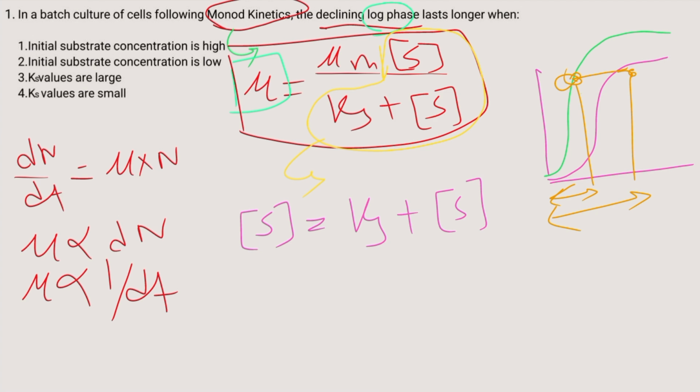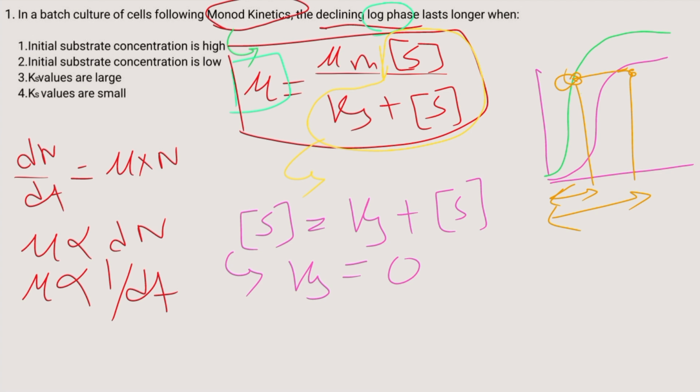That is the peak. In that case, the substrate concentration should be equal to the substrate concentration plus Ks, which is not possible. Depending on this, we have to say the Ks should reach 0, which is not practically possible. We can think of it in the theoretical equations.